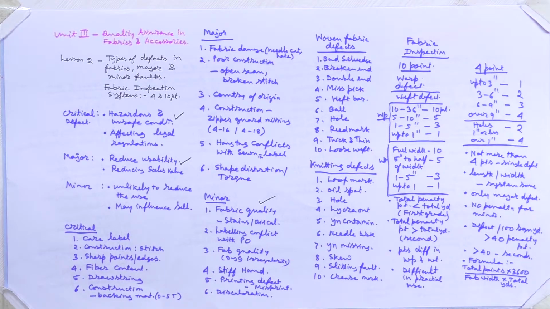Now, what are the different types of minor defects available in our fabric or apparel industry? Number one is fabric quality, like any kind of stain, an oil stain, or in a certain portion of the fabric some discoloration due to certain reasons. Those kind of small areas can affect use a little bit, so it becomes a minor defect, but the garment can still be usable and sellable both.